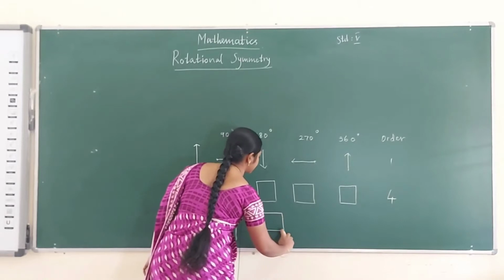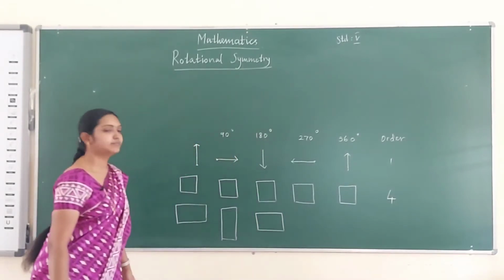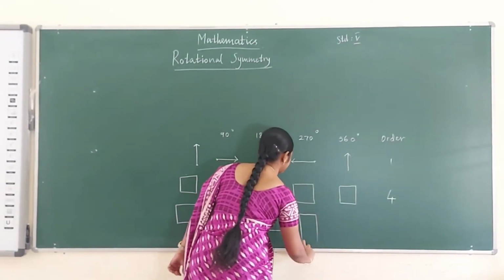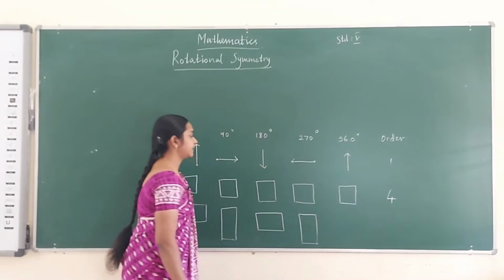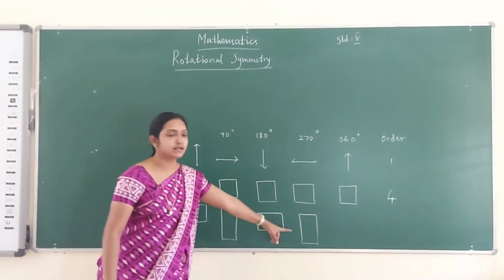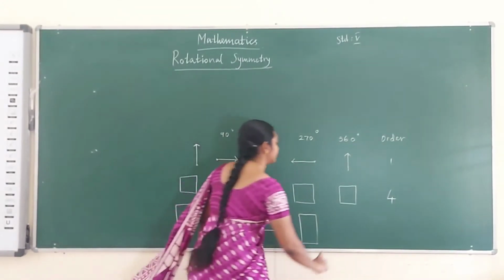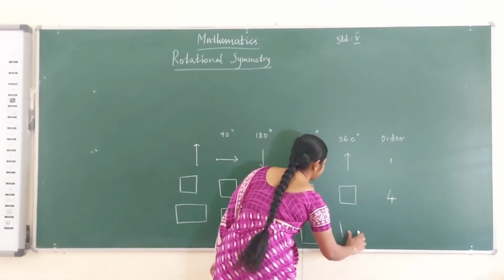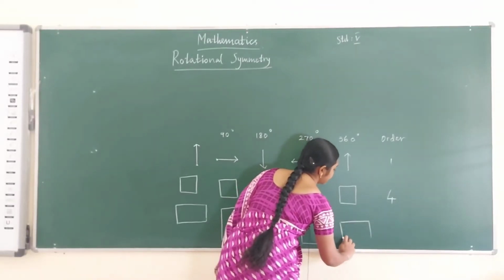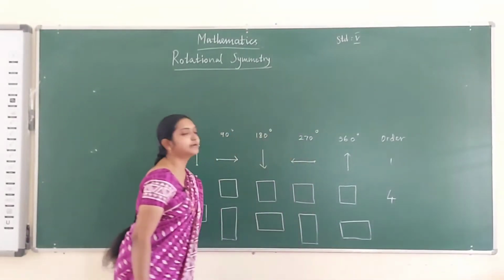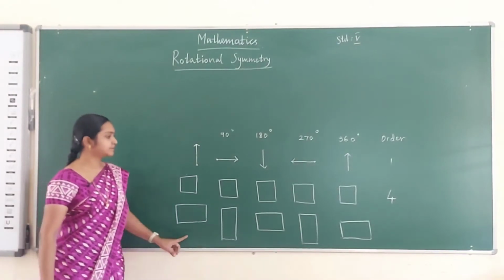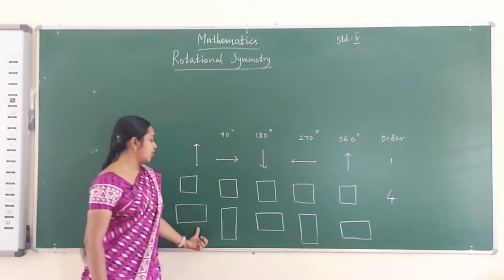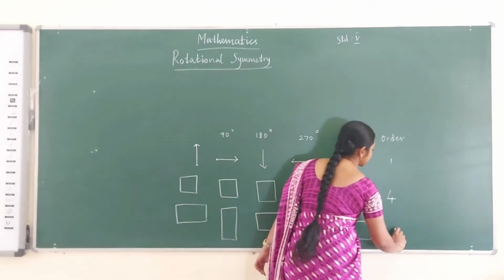Again rotate it, and it will be like this, and again rotate it to 360 degrees. Now find how many times it looked the same as the original. 1 and 2. 2 times it looked the same as the original. So the order of rotational symmetry of a rectangle is 2.